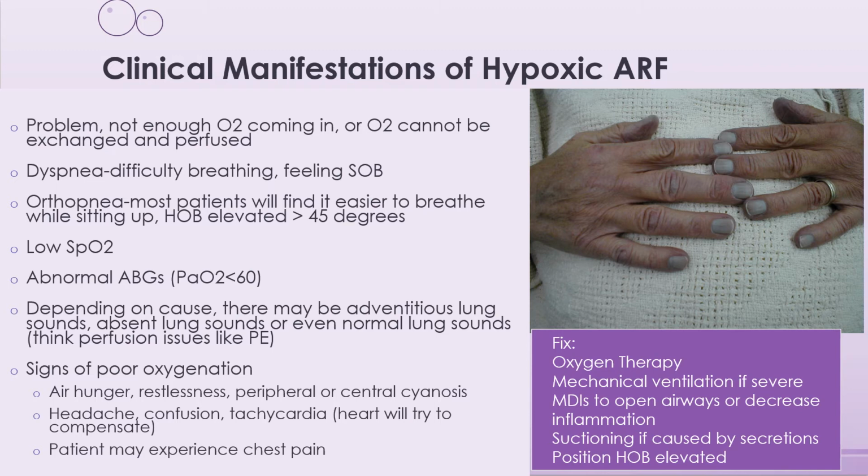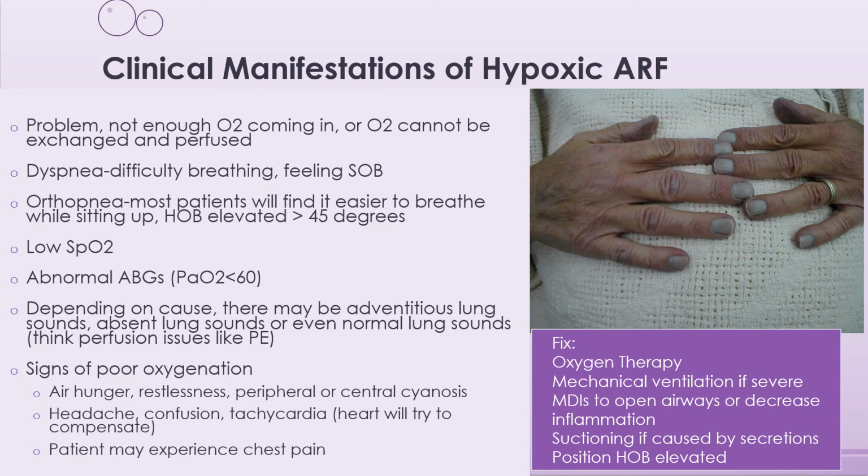So we can have something called a demand MI, meaning if the heart does not have enough oxygen to do its normal functions, it will increase its rate to try and improve things. But now we have a heart that's working harder with still poor oxygenation, and we can end up having an increase in troponin levels, meaning that heart muscle is dying because of this. And because of that, the patient may experience some chest pain.